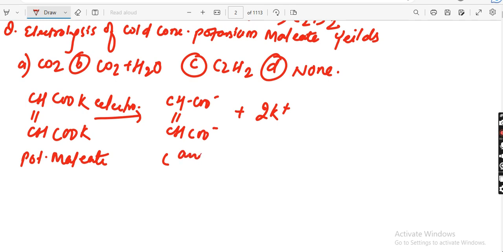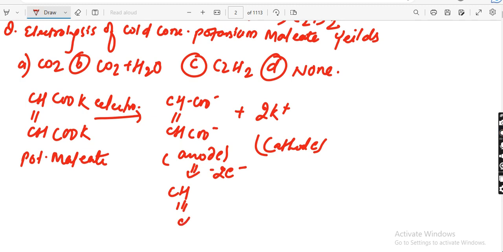The anions are at the anode, and the cations at the cathode. Furthermore, the anions will lose 2 electrons to form CH≡CH plus 2CO2.